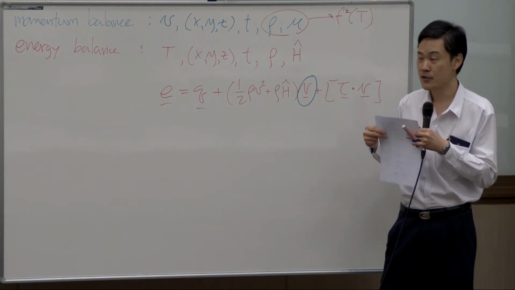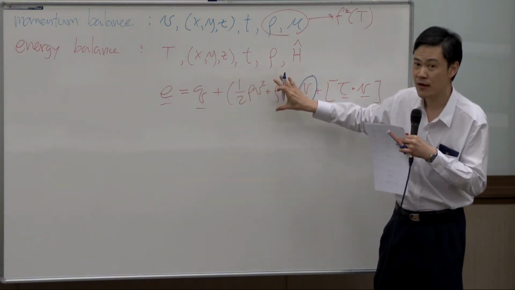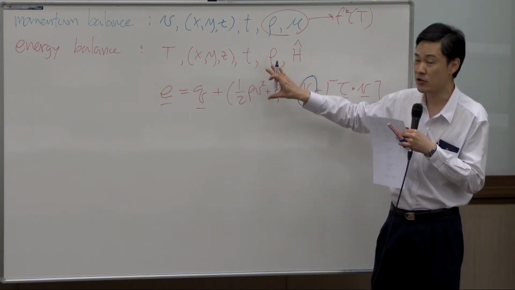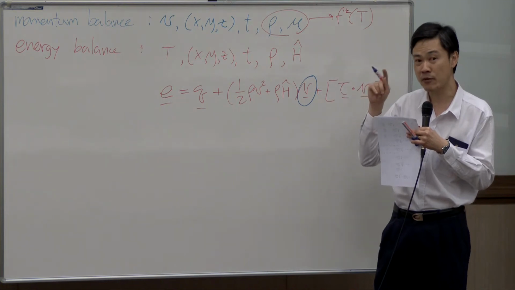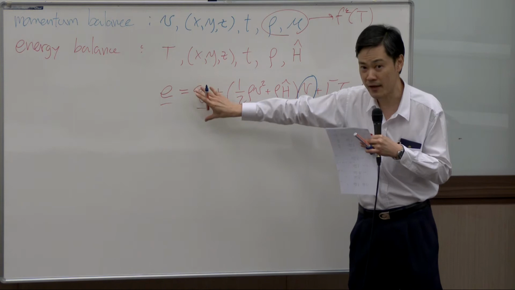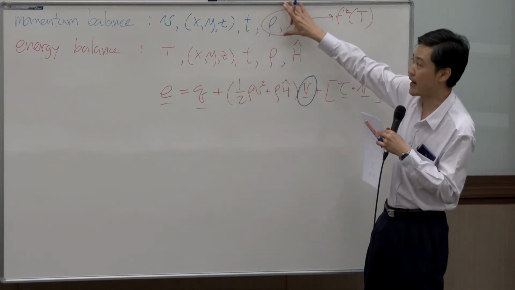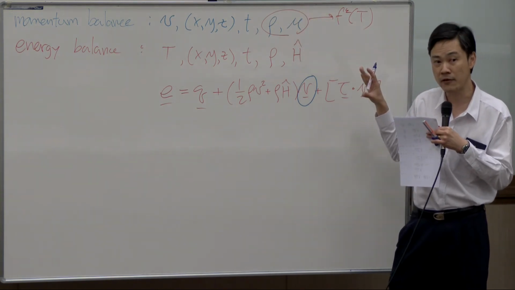Okay? So in that case, we can assume this term to be negligible for the calculation of the temperature profile. For the calculation of the temperature profile, we will assume that conduction is dominating, find the temperature profile, and then plug it back in here for the momentum balance equation to find the velocity profile later.